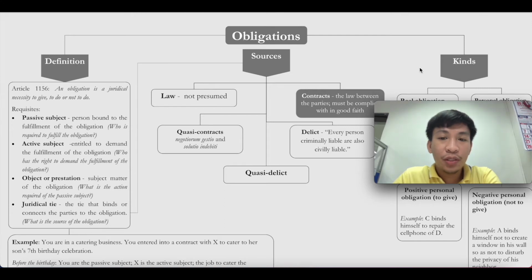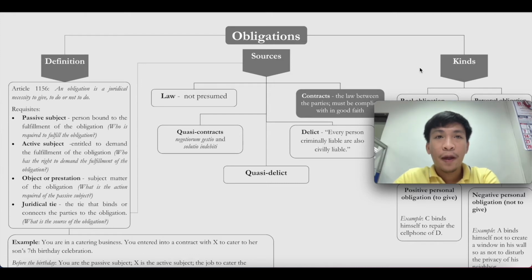Now, what do we mean when we say contracts are the law between the parties? Sa mga kontrata kasi, meron tayong mga stipulations doon sa contract, like kung saan magbabayad, kung sino ang magbabayad, kung paano ang bayaran, kung ano ang i-deliver, all of these things, these are what we call stipulations in a contract.